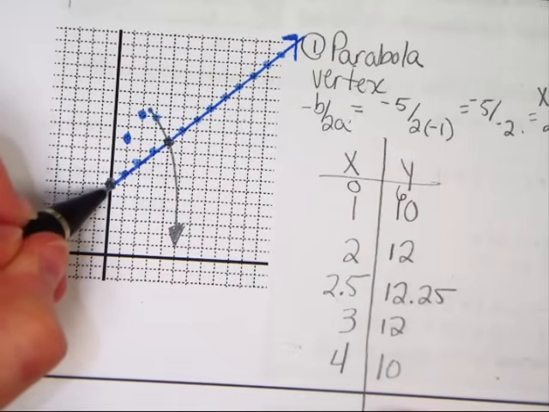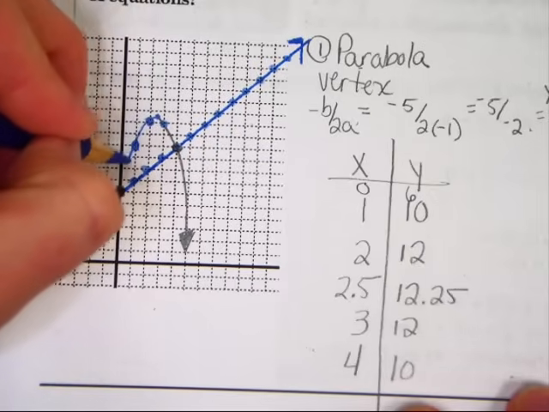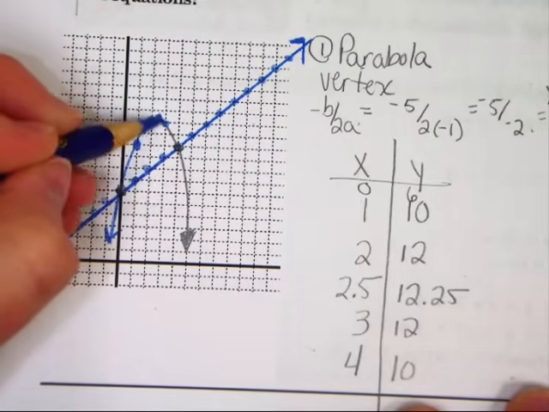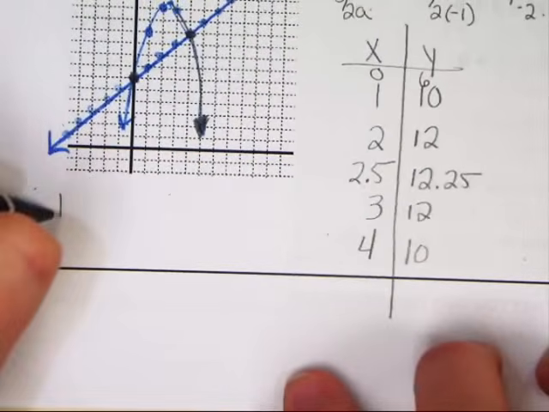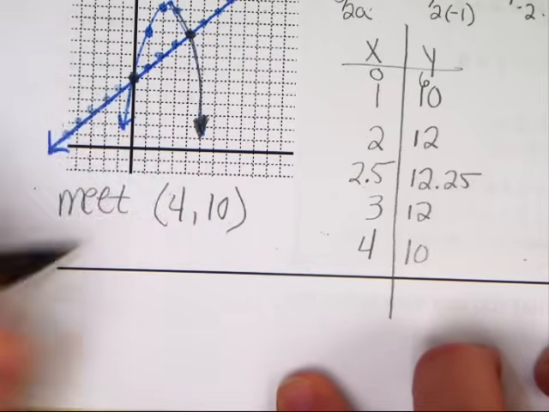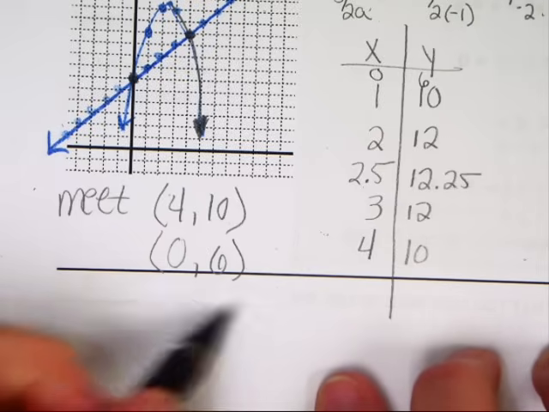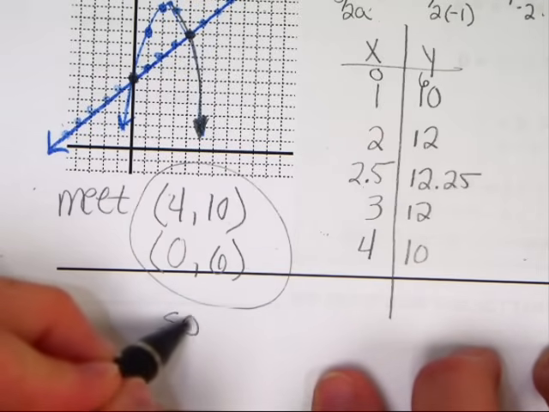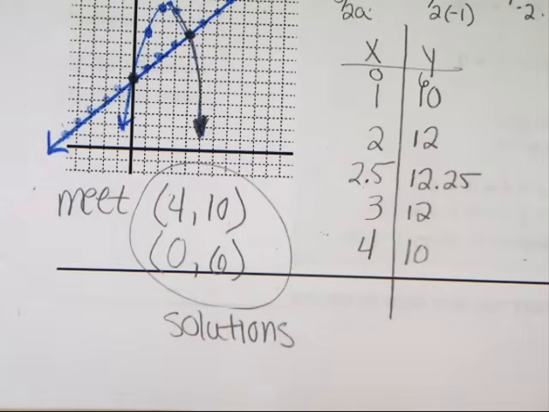I'm going to make it real dark. That's our other answer. So I can finally finish my graph. And I have found out where they meet. They meet at 4, 10 and at 0, 6. So these are the two solutions. Graphing isn't very much fun because you really have to sit there and really plot and plug in a lot of things.